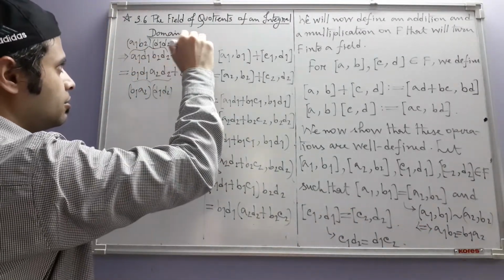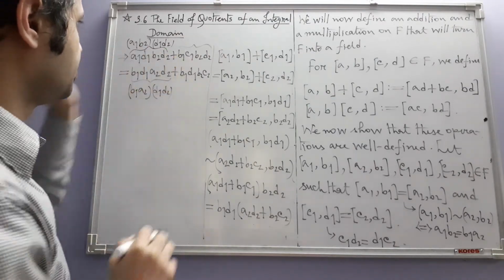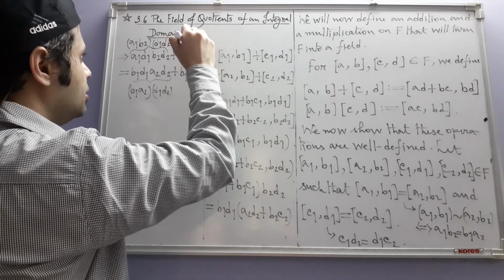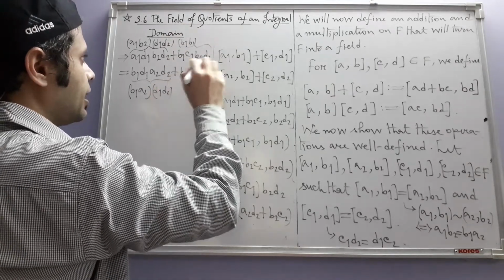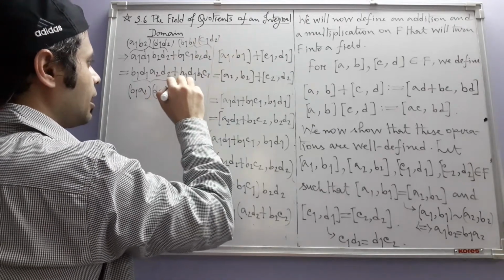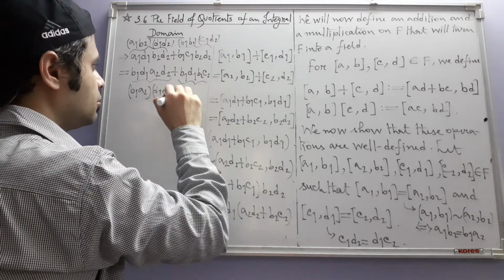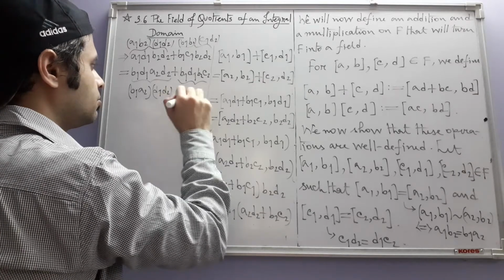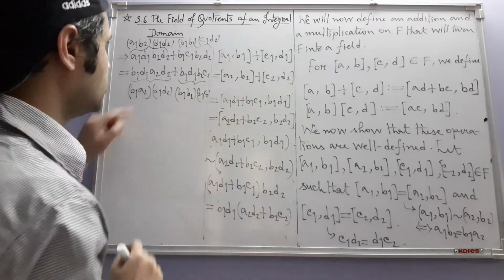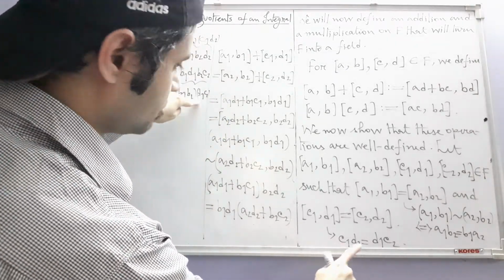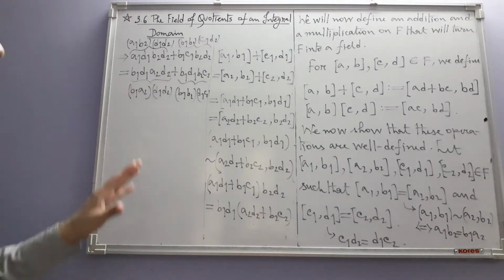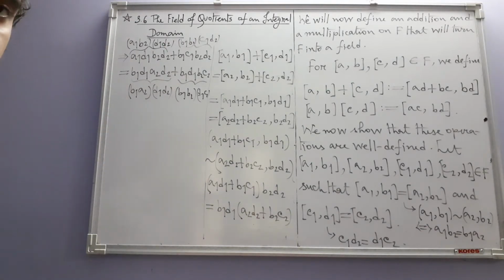Like that, this term: here we have B1 B2 and C1 D2, and here we have B1 B2 and D1 C2. So C1 D2 is equal to D1 C2. So it actually is the case that these two are equal.